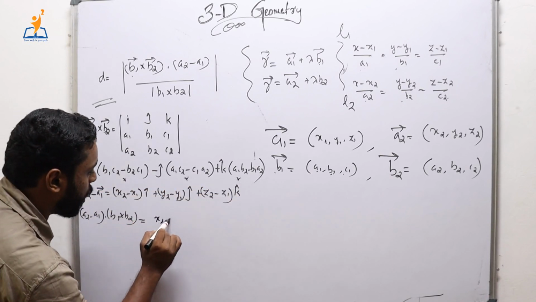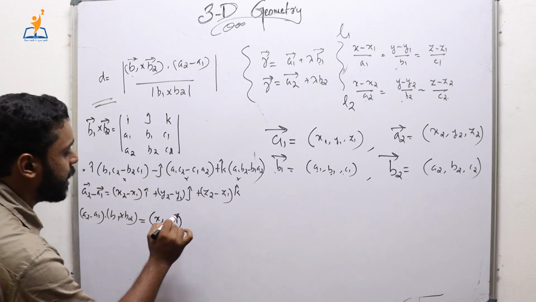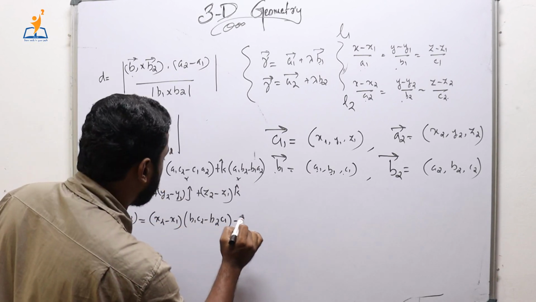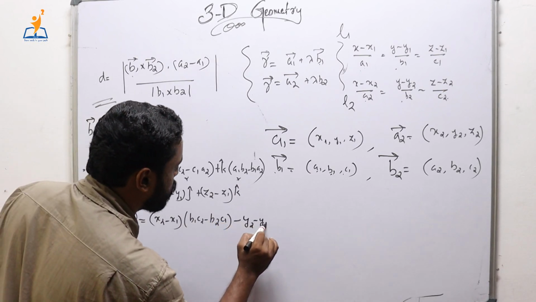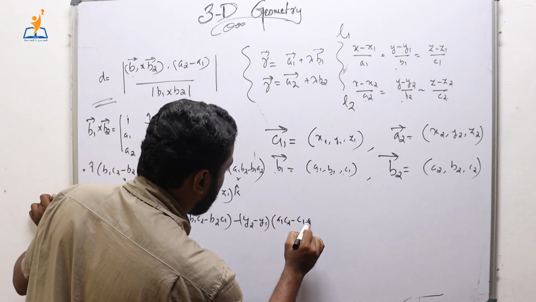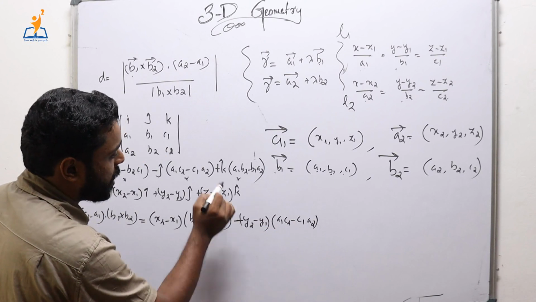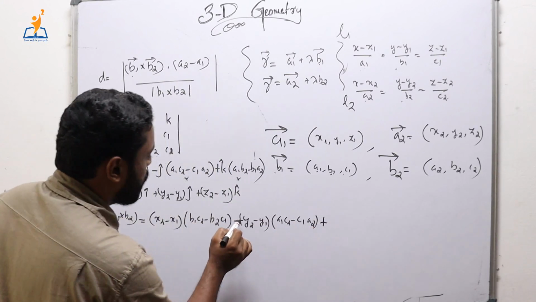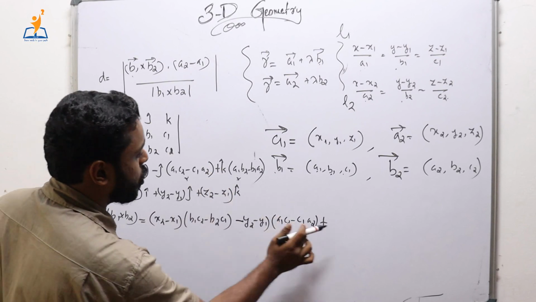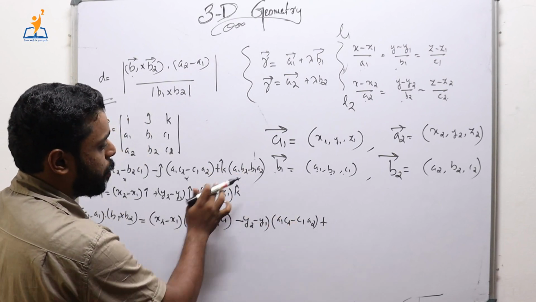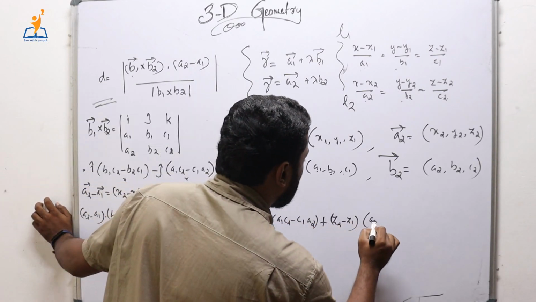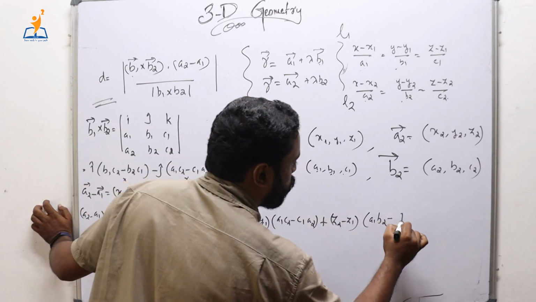So we get (x2 minus x1) into (b1 c2 minus b2 c1), minus (y2 minus y1) into (a1 c2 minus c1 a2), plus, for the k cap components, (z2 minus z1) into (a1 b2 minus b1 a2).